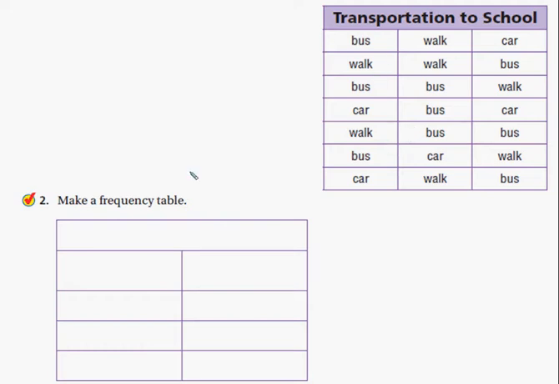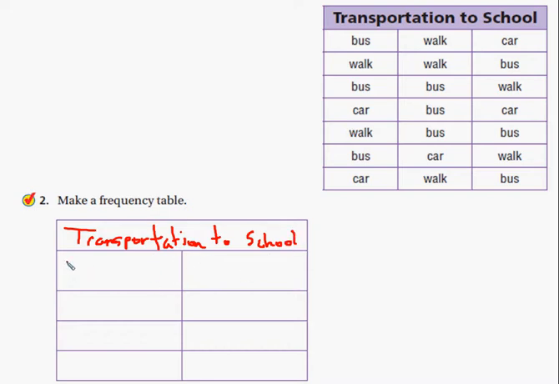First thing you do is you title it. So I'm just going to title it the same thing as the data, transportation to school. And then I have two headings here.